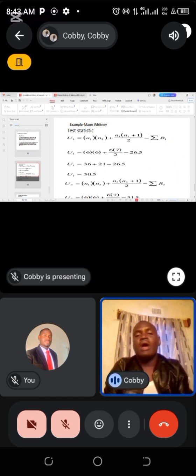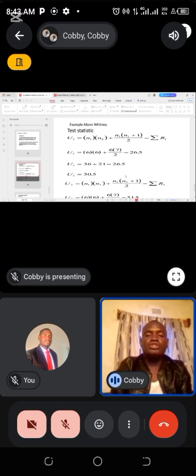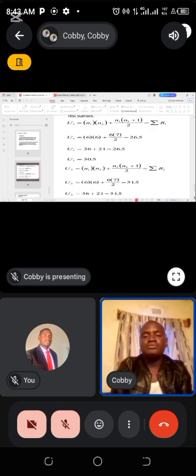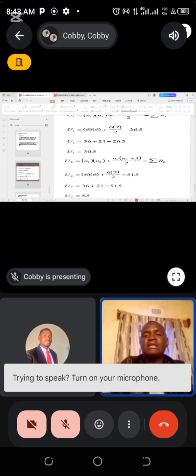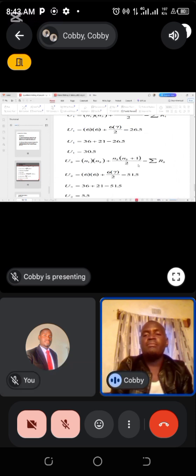Then when we do that, it's going to give us 30.5 as U1. Then U2 we are going to calculate using the same formula. It's going to be N1 times N2 plus N2 times N2 plus 1 over 2 minus R2. So we replace the values.